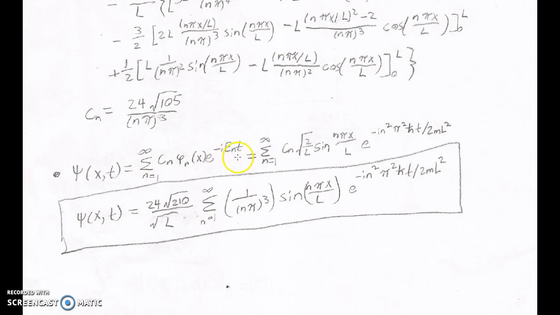We plug that in here, and of course the t stays in also. Last step, I plugged in my c_n, which is up here, and I moved some stuff to the outside, because there's no n value in them. And so that's the wave function at a later time.